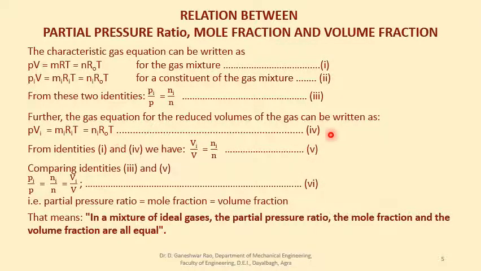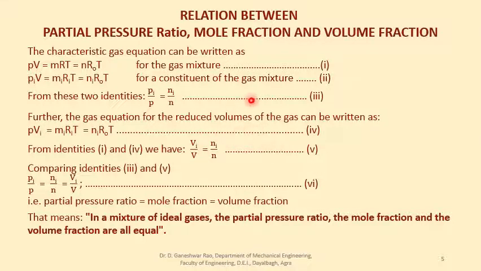Now this is equation 4. If you see equations 4 and 1, dividing this equation by this equation, Vi upon V is equal to ni upon n. That means volume fraction, because VA upon V, VB upon V are volume fractions. So volume fraction is equal to mole fraction.